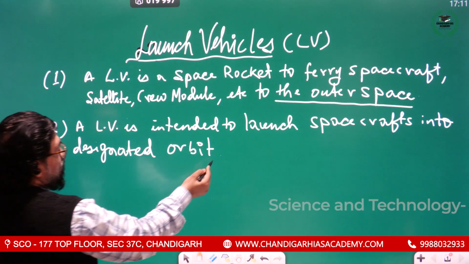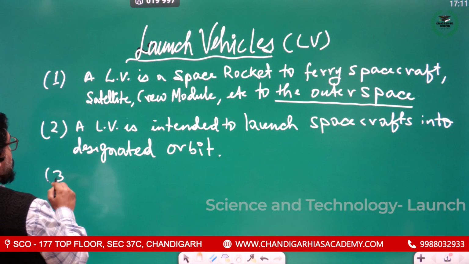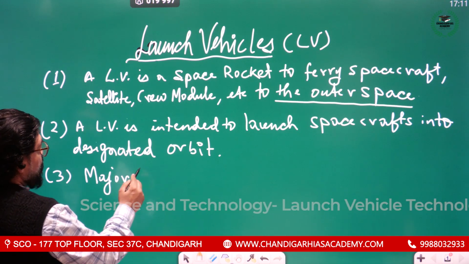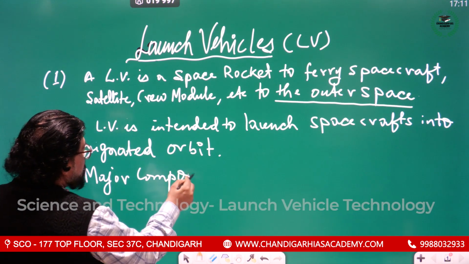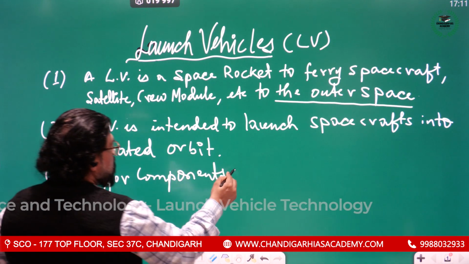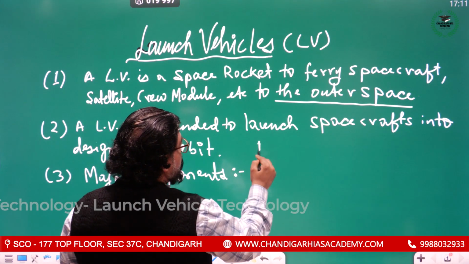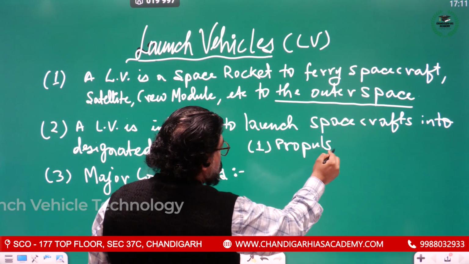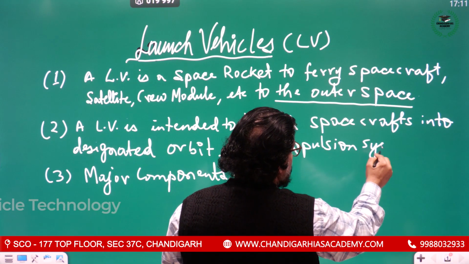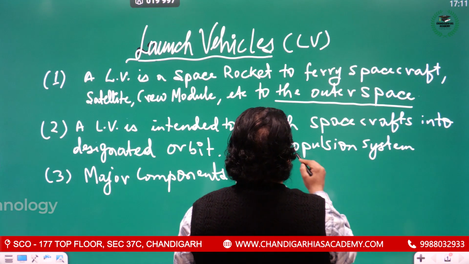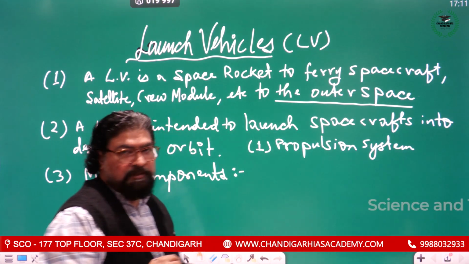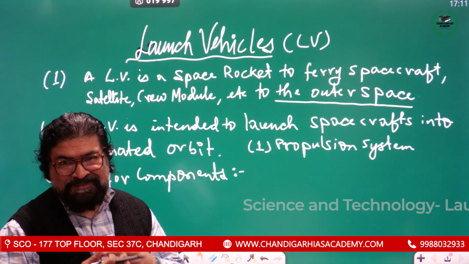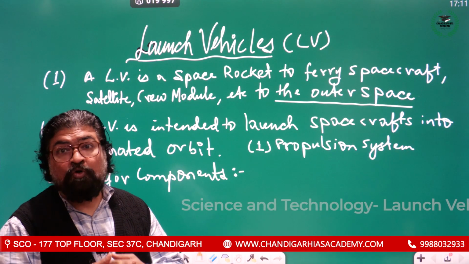Now generally, when we look at the major components of a launch vehicle, any space rocket or launch vehicle first has a very important thing: the propulsion system or engine. There are different types of propulsion systems, and you have commonly come across words like thrust, booster, motor.